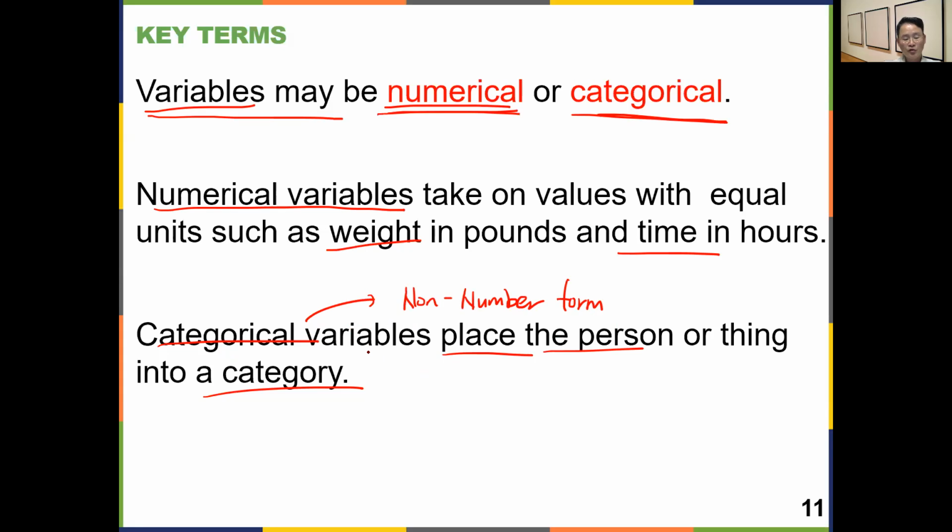Does everyone know your blood type, for example? Someone has blood type A, blood type B, blood type O, or blood type AB. Now, all this is going to be a categorical variable, blood type. Or let's say your nationality.